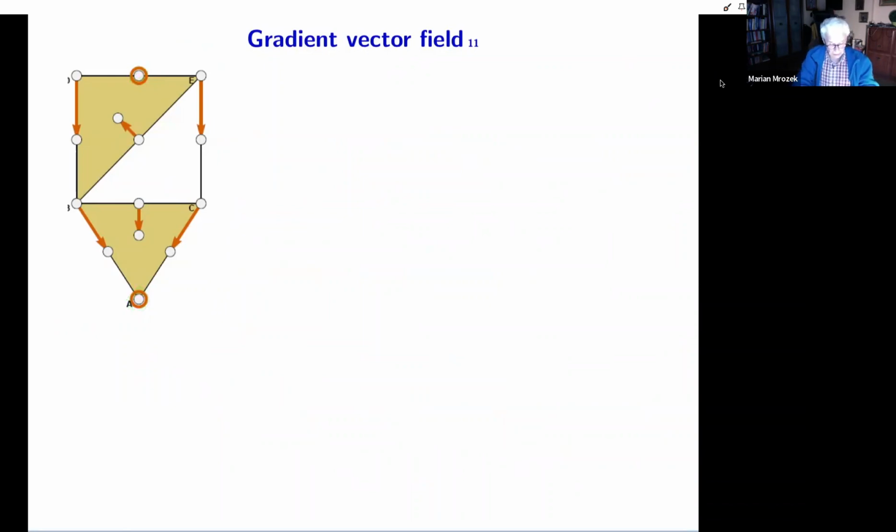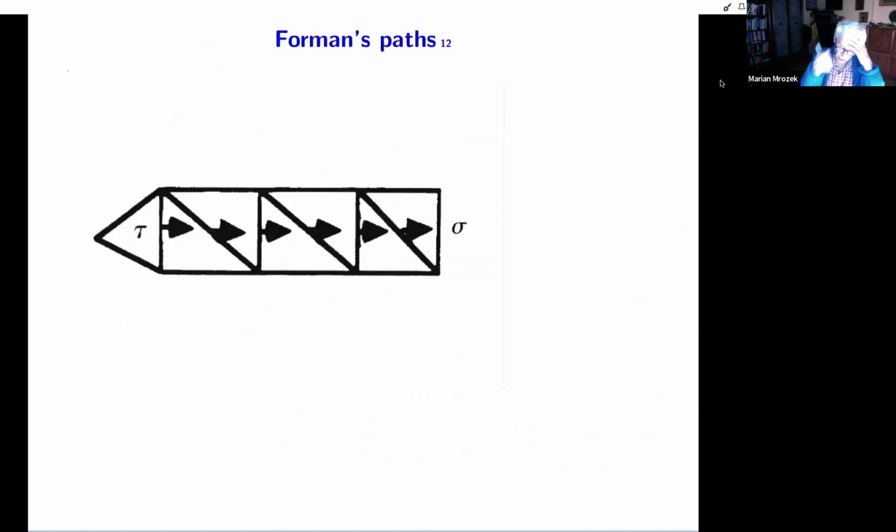And this is a picture taken directly from one of Forman's papers, because when you read those papers, it's clear that Forman's interest was not so much in studying combinatorial dynamics, but to do the minimum he needed in dynamics in order to formulate the Morse theory.